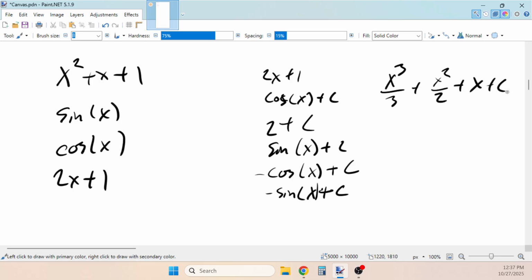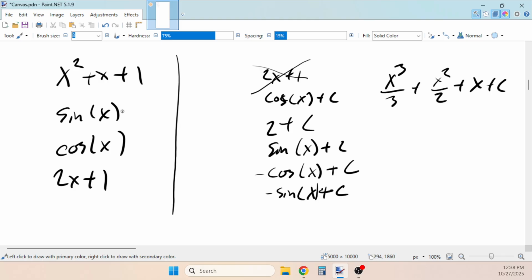We want to match up these functions on the left with the antiderivatives. First off, this one doesn't have a constant. They'll all have some sort of arbitrary constant. The other ones all have c.